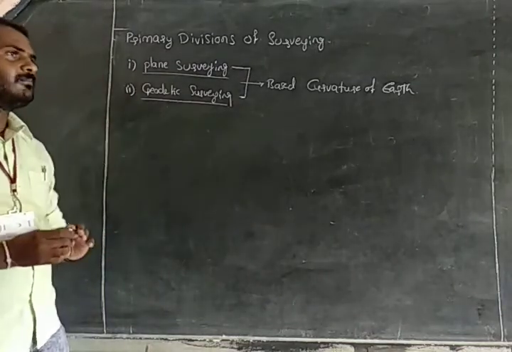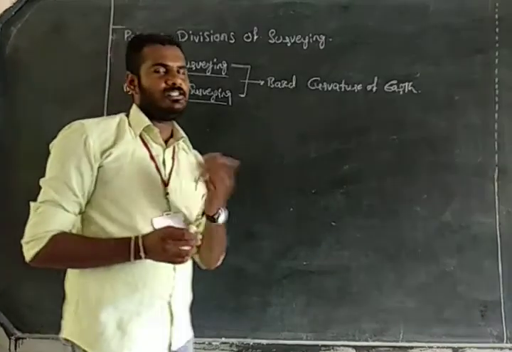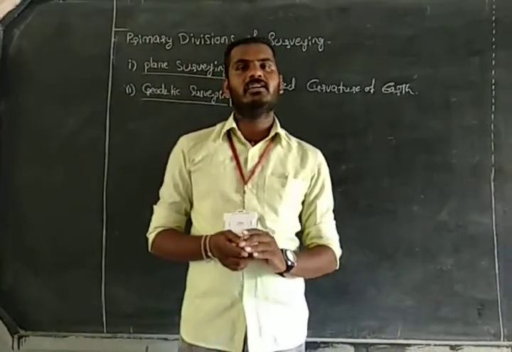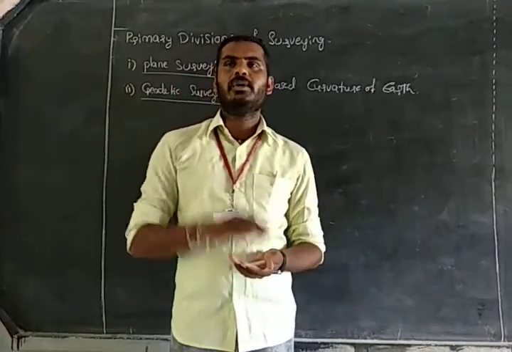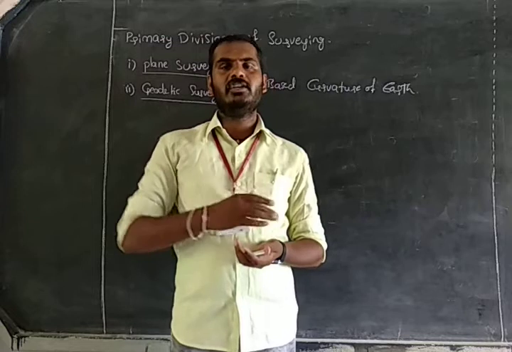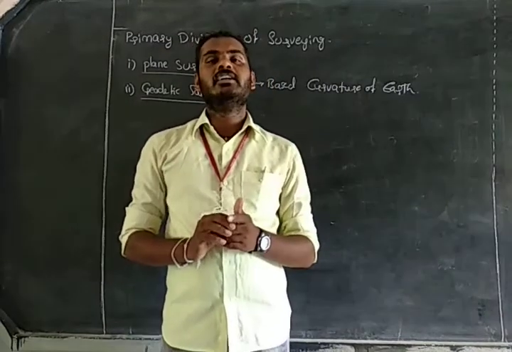See here, we have discussed in the last class two examples: if you want to see a particular land or an area, we can observe a flat surface instead of observing the curved surface of earth.